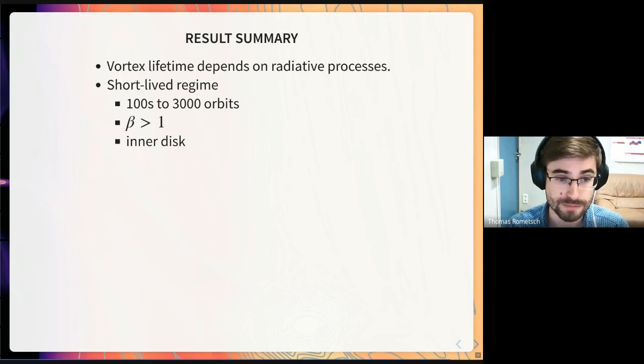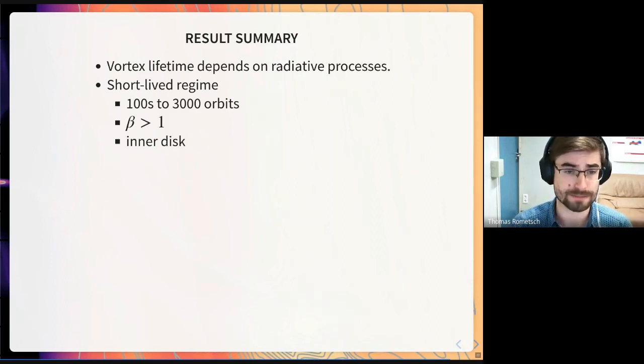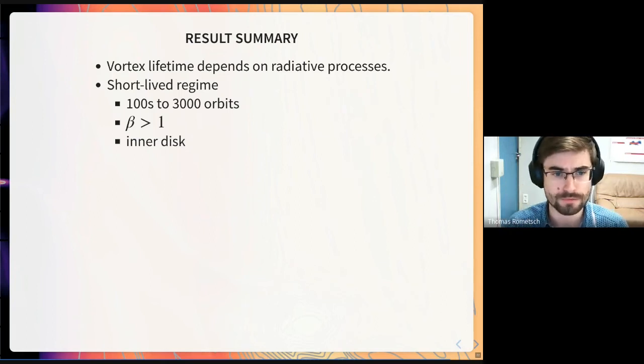This is the case for beta being larger than 1, and that's associated with the inner parts of the disk, so the inner few AU. So there, A, the orbital timescale is short, and B, the lifetime is short. So we shouldn't really observe them, right? It would be an observation of chance if we captured one of these.